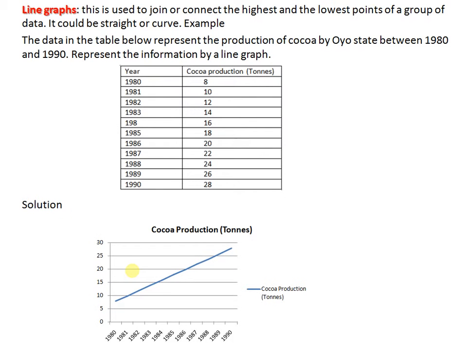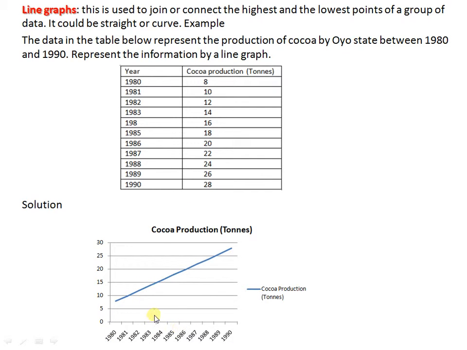If you look at this next slide, you see that this is a table, and this table has been translated into a graph. This is what we call a graph. So in graphs, you plot one axis against the other. You can see that this vertical axis is the cocoa production in tons, whereas this horizontal axis is the year.